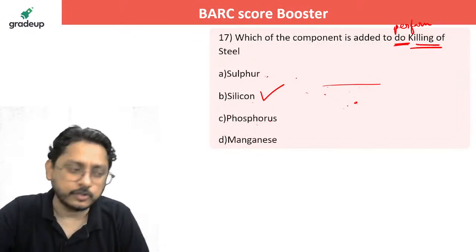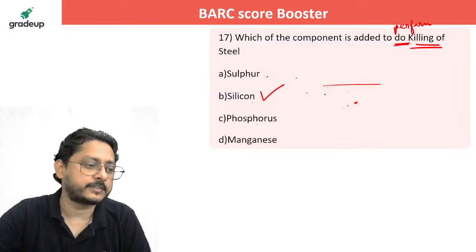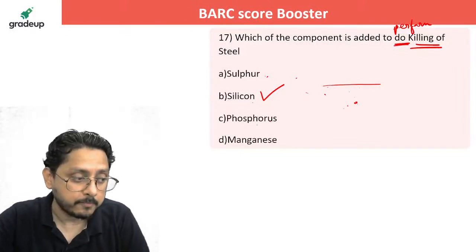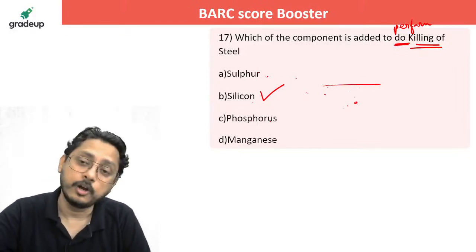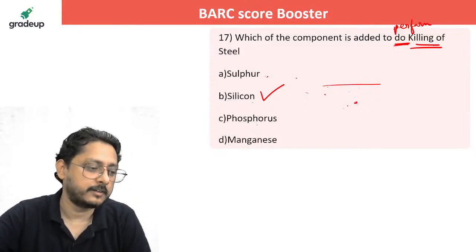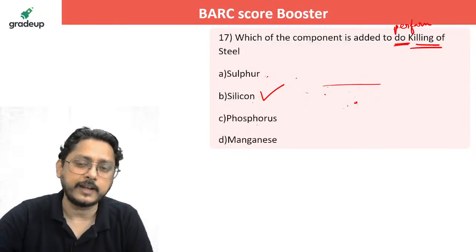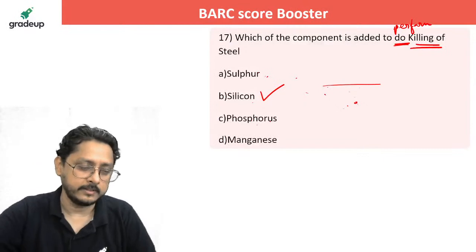You add silicon to remove the excess oxygen from inside the steel. That addition of silicon to remove excess oxygen is known as killing of steel.